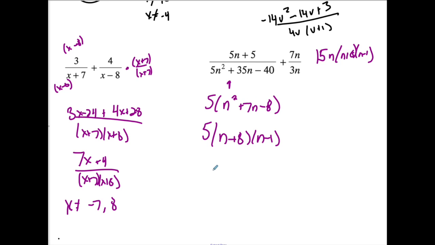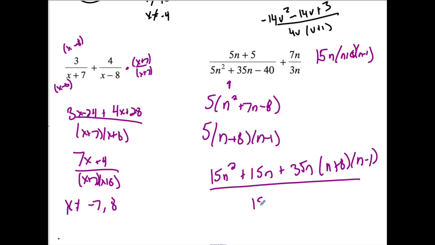So when I do that, I get 15n squared plus 15n, plus 7n, and then we also have to multiply by this 5, so plus 35n times n plus 8 times n minus 1, all over 15n times n plus 8 n minus 1.